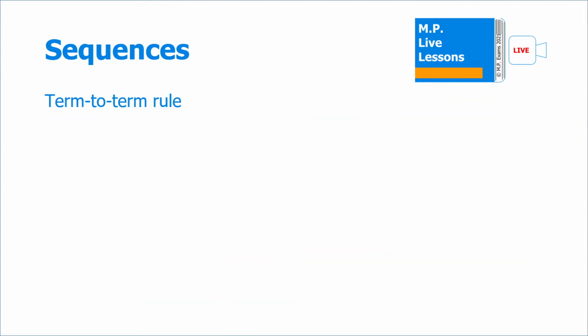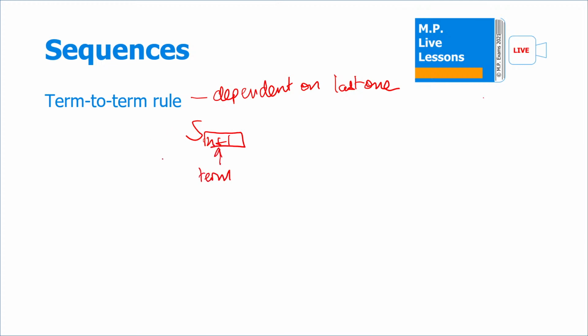For sequences, we could use the term-to-term rule. So it's dependent on the last one. For example, you could see formulas such as a sequence. The little subscript determines the term number. The n plus 1 means next term.